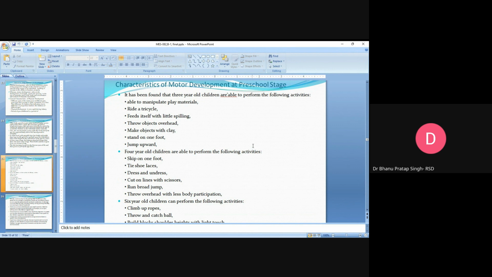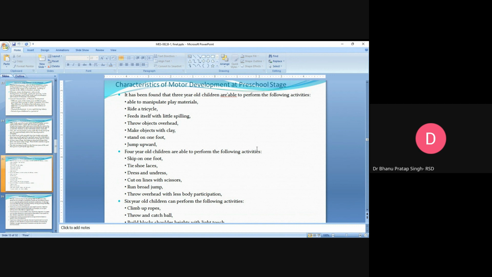4-year-old children are able to perform the following activities: skip on one foot, tie shoe laces, dress and undress, cut on lines with scissors, run, broad jump, and throw overhead with less body participation.